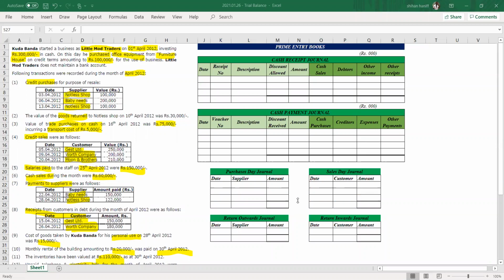So this is a very good question to cover the complete process. In the accounting process, the first step is, before recording into the ledger accounts, we initially record them in the prime entry books. Okay.